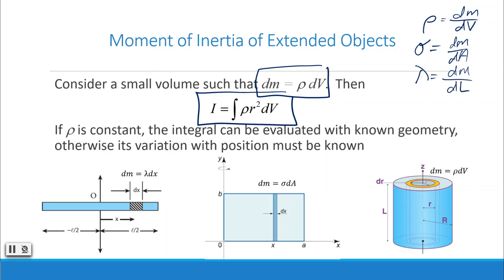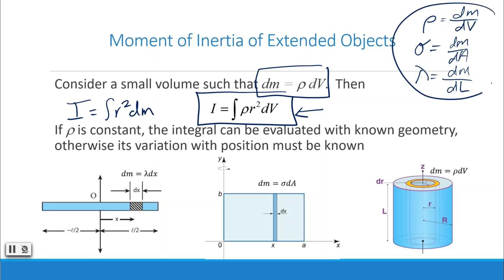So it doesn't really matter which way you do that, but if you go online and look at videos, you might see some resources always use that definition. That's not generally how I work. I work based off of the fact that I is equal to the integral of r squared dm, and then I use these to substitute in for dm.